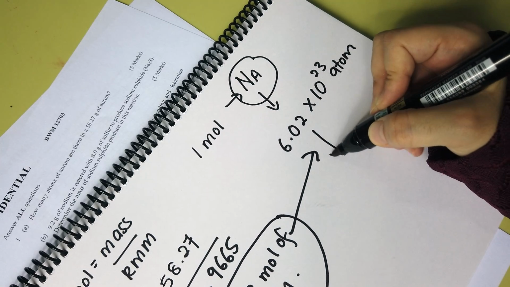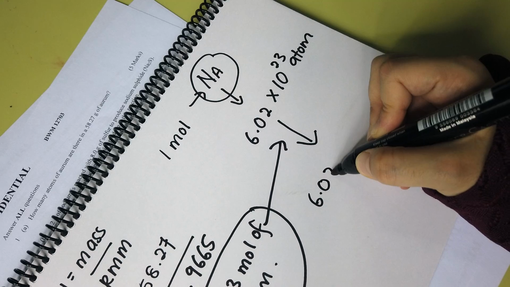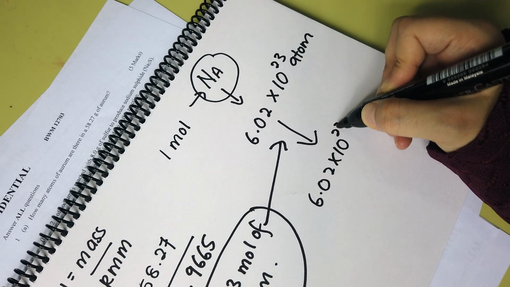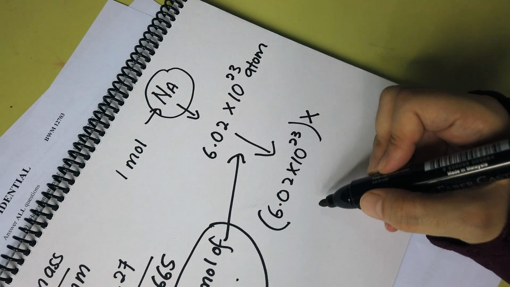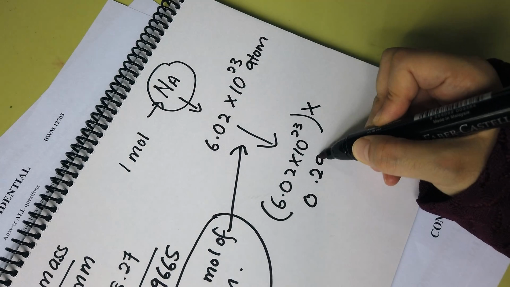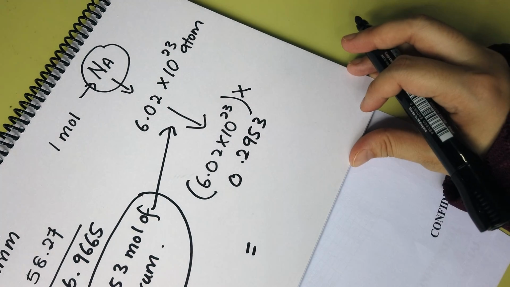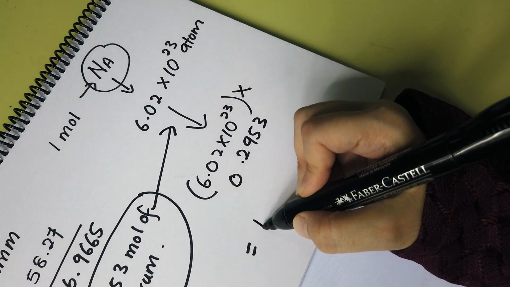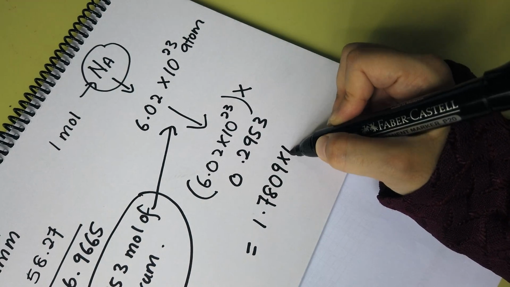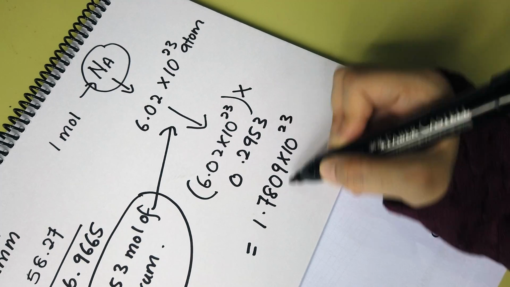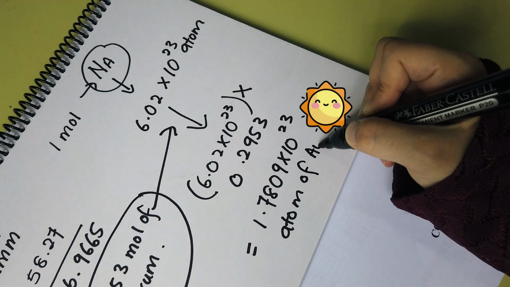So 6.02 times 10 to the power of 23 times 0.2953. You should get altogether 1.7809 times 10 to the power of 23 atom of aurum.